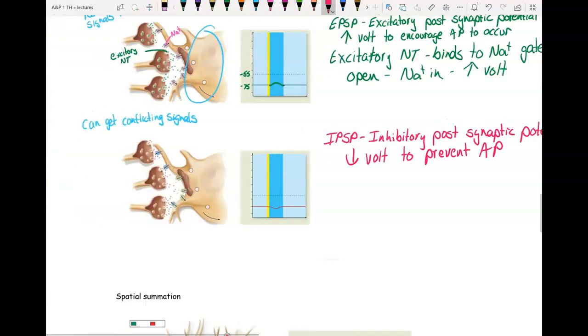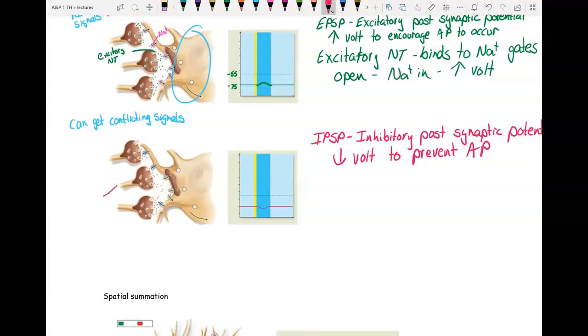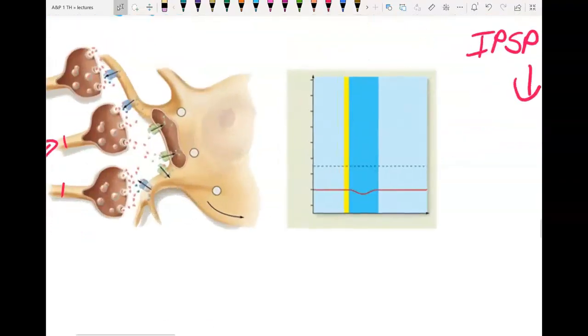So in this case, you got 3 of them here, these 3 neurons do not want the next neuron to have an action potential. They're telling it to be quiet. So they want to reduce the voltage. So they are going to secrete inhibitory neurotransmitter. So these red dots are inhibitory neurotransmitter.